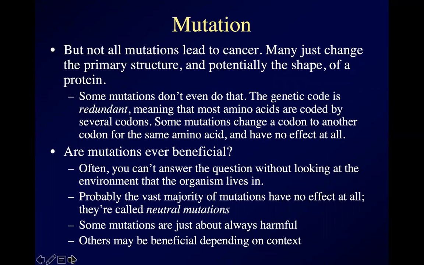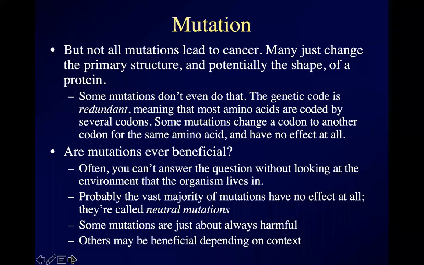You might recall when we had that chart of the genetic code that most amino acids are coded for by more than one codon. So I think UUU and UUA both code for phenylalanine, on the messenger RNA. Meaning that fairly often a mutation that just changes one nucleotide will change the nucleotide, but it won't change the order of amino acids.